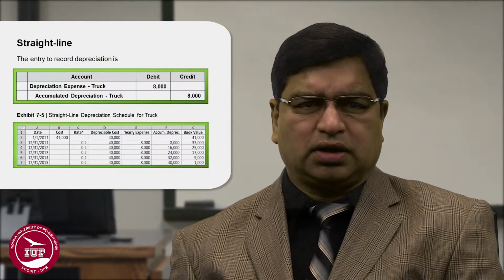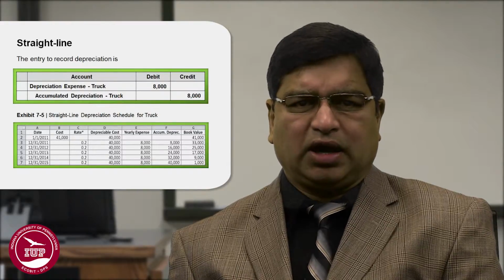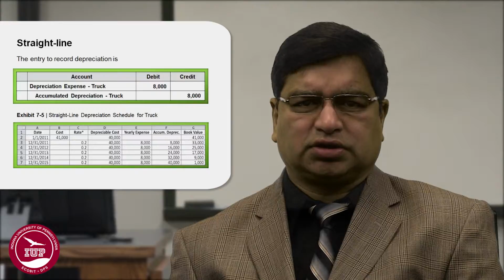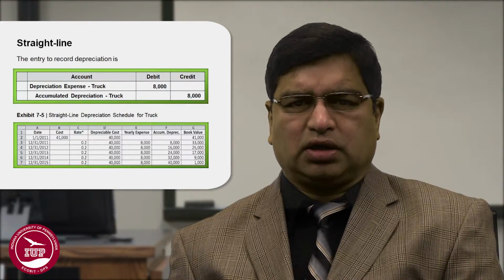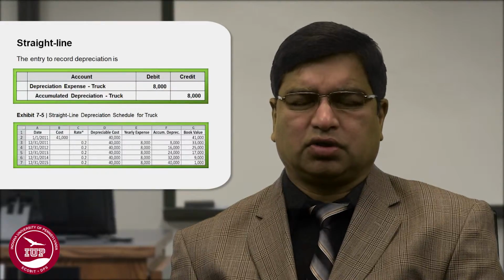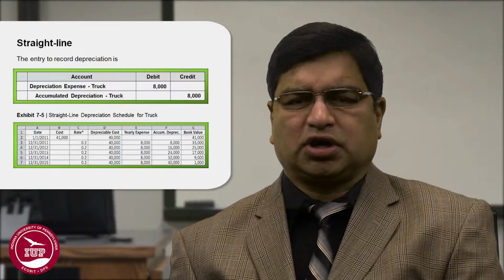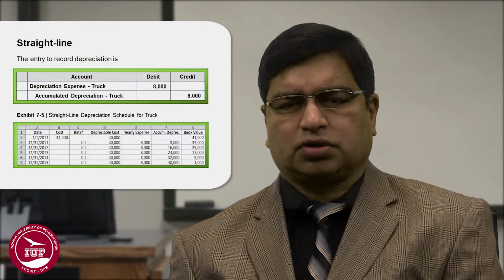At the end of the year, on 12/31/2011, $8,000 of depreciation is charged, and your accumulated depreciation account increases by $8,000. Accumulated depreciation account is a permanent account, and it is not closed every year, and it is closed only when the asset is sold.